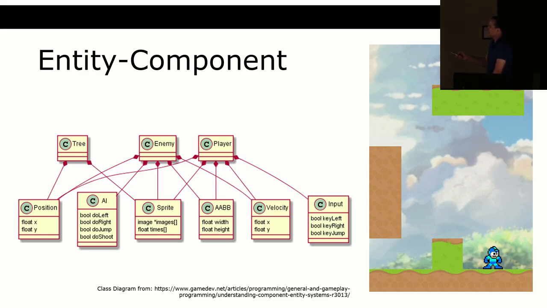A player will have the same things as an enemy, except instead of an AI, it'll have controller input. So you can see that we're going to have a bunch of different components, and then we just add these components and give them specific values that make them all the different things in the game. And to me, and hopefully you will see by the end of assignment 2, this really makes things easy in the game.